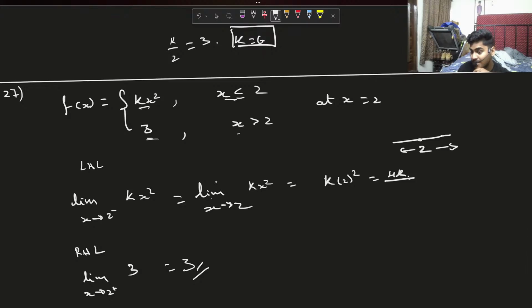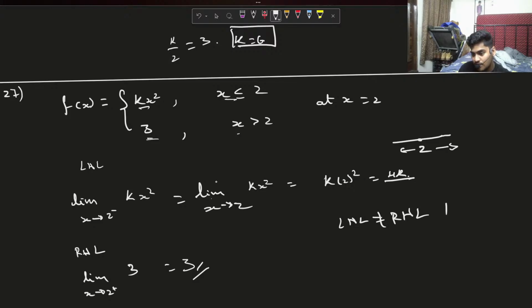But right now LHL is not equal to RHL according to us. At the last time, in the first question, I deliberately wrote it like that. But you shouldn't write LHL is not equal to RHL.